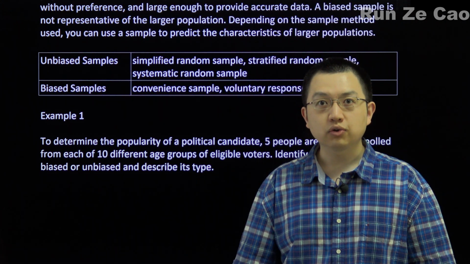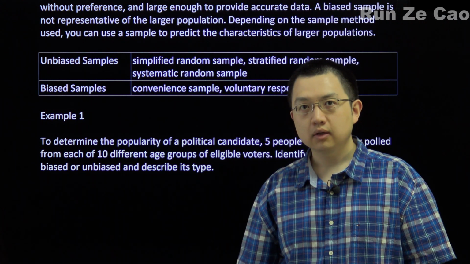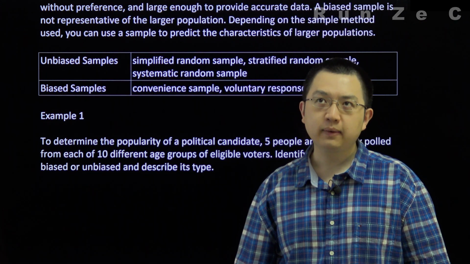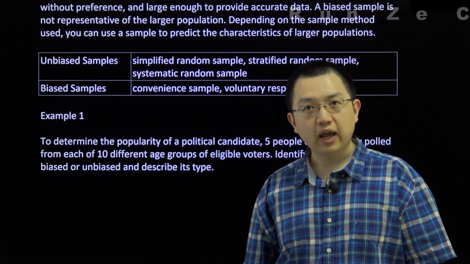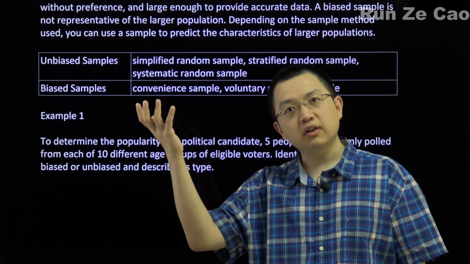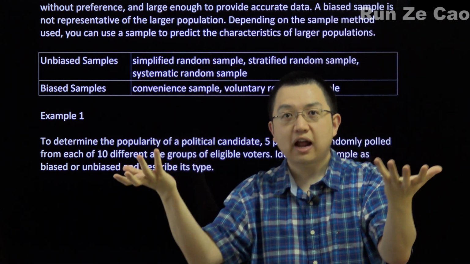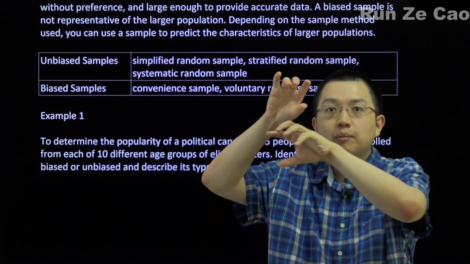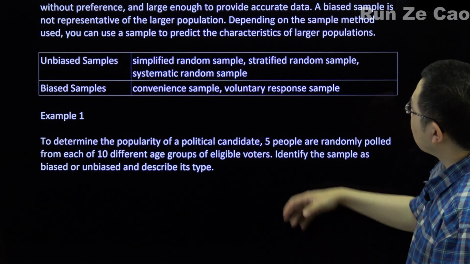Or, say you want to survey both the teachers and the students. And you have however many teachers at the school and some number of students. You survey 10% of the teachers and 10% of the students at random. That's stratified because you separate them into different strata, different layers that you're sampling from, different groups.